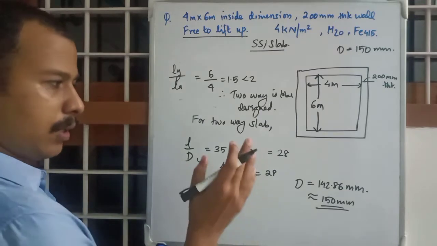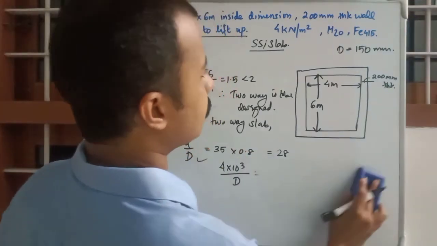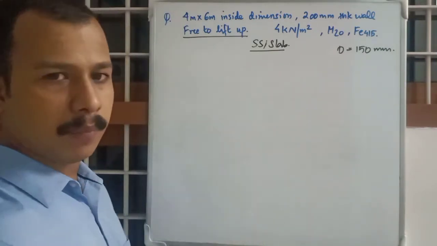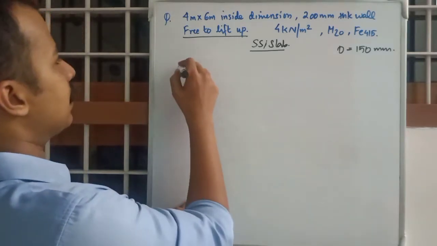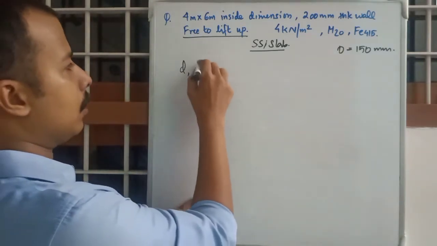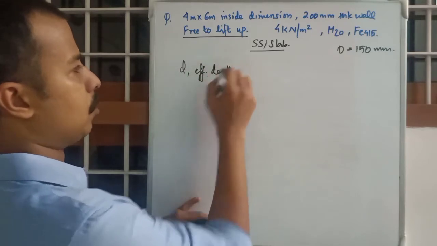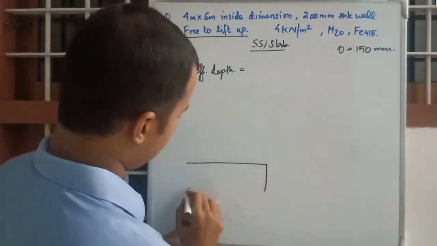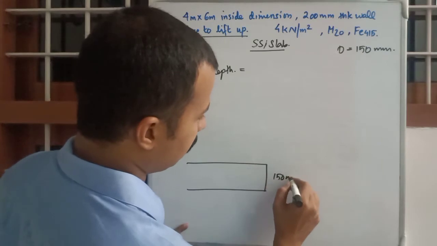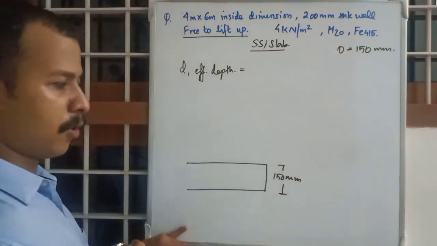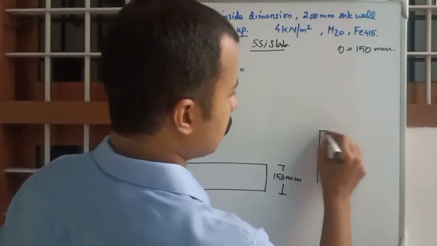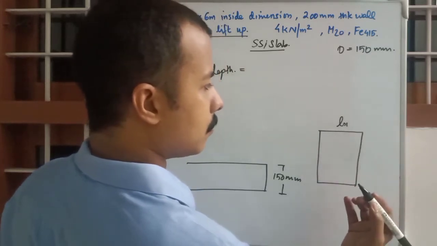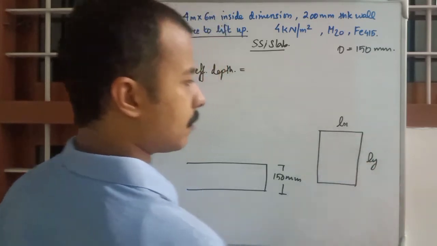Now there is an important thing. You have capital D, the overall depth, as 150 mm. Now we are going to calculate small d, the effective depth, as always. This is 150 mm, the overall depth. Suppose this is the slab that we are considering. This is Lx, the shorter span of 4 meter, and this is Ly.